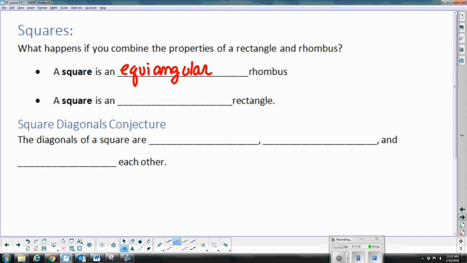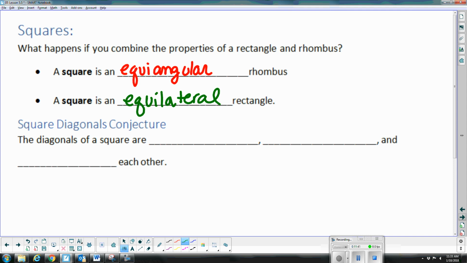So it's an equiangular rhombus. And then also, it's an equilateral rectangle because it has all the characteristics of a rectangle, but it also has all 4 sides congruent, not just 2 pairs of congruent sides, all 4 sides are congruent.